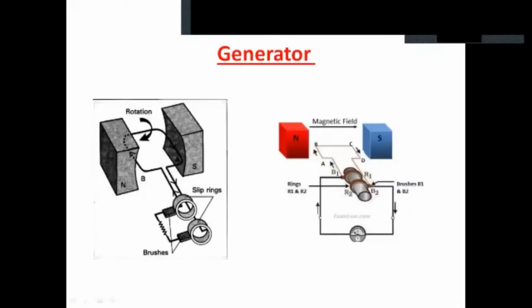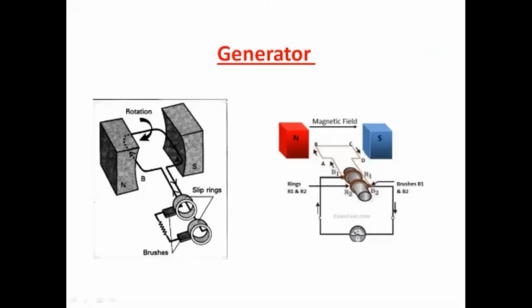I think all of you can see the image of a generator. In both of these pictures, there is a magnetic field. That is, a magnet is here, and an armature coil. The armature coil is a rotating object.